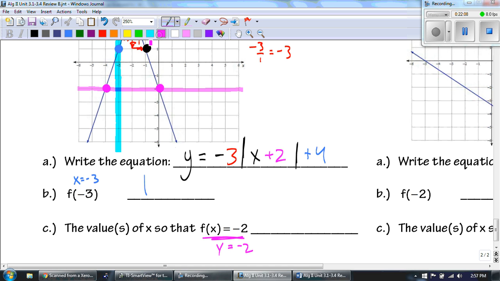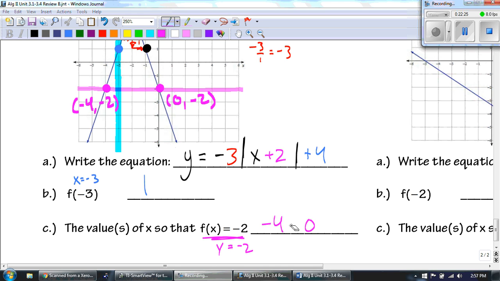And those are the 2 points of negative 4, negative 2, and 0, negative 2. So we would say it was negative 4 and 0.